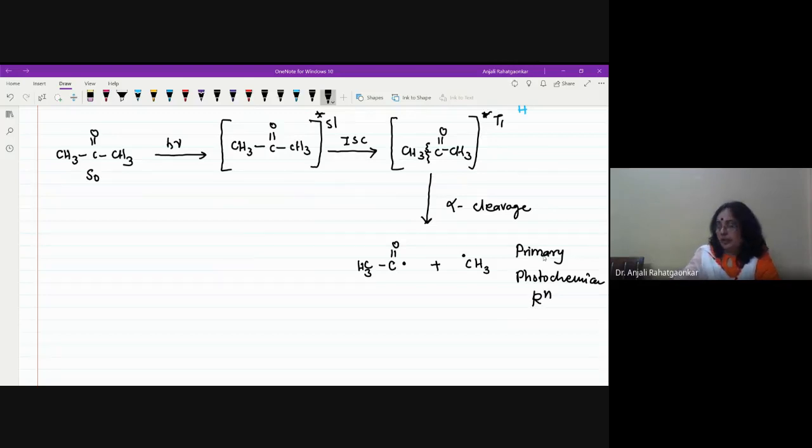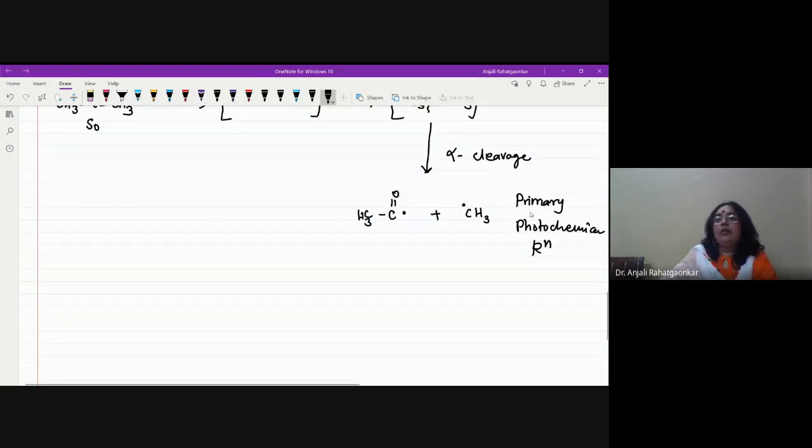Now we know that in the Norrish type 1 we have the alpha cleavage, and the second characteristic applies over here. The primary photochemical reaction undergoes secondary changes. Now what are those secondary changes?